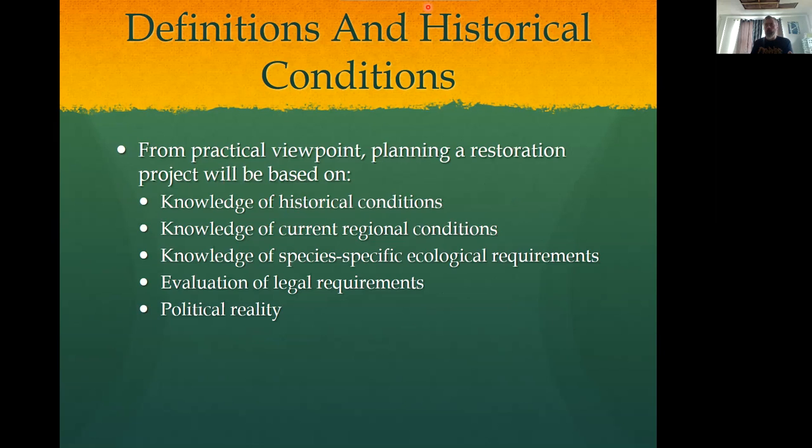So again, thinking practically, planning a restoration project requires that you know something about what's going on. You have some idea about what the historical conditions were. You know something about what the current conditions are. You know the species you're working with. How much can you change before you make the ecosystem no longer a habitat? Can you legally do the things you would like to do?